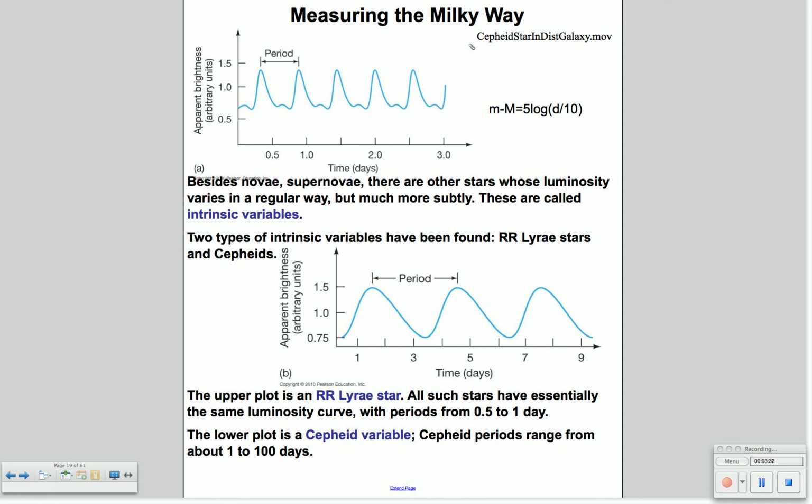How do we find distances to galaxies? Basically, we use the Cepheid variable stars in distant galaxies. During their lifetime, there comes a period when their brightness fluctuates, and we can see this fluctuation.